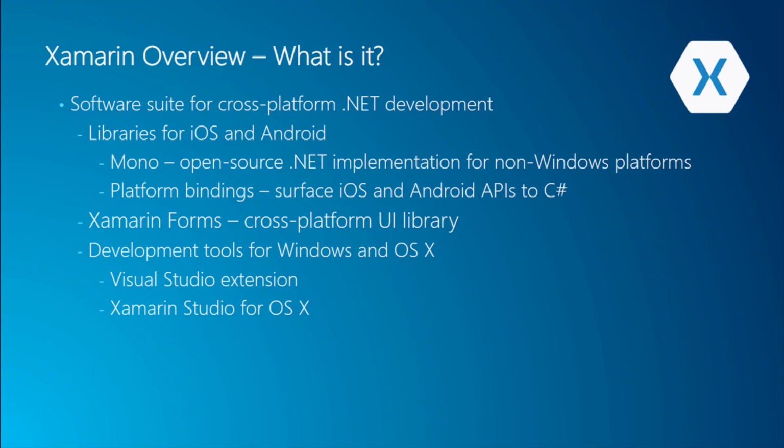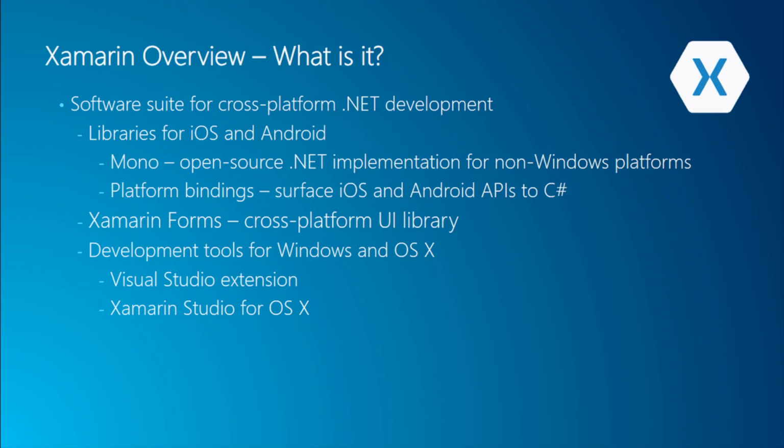So these platform bindings essentially take the native operating system APIs for Android and iOS and surface those APIs in full fidelity for you to use in the comfy confines of your Visual Studio .NET C# development environment. Let me say that again. All the APIs that are there for Android and iOS native developers are bubbled up to you guys through these platform bindings in C#. That's a really powerful thing.